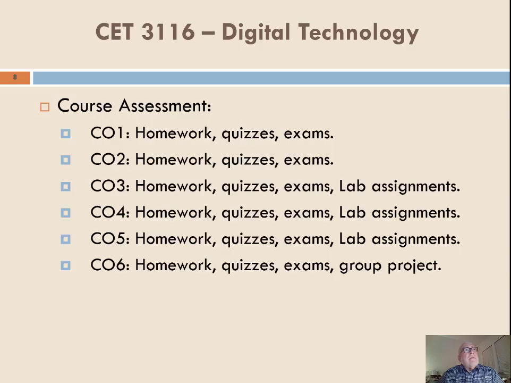Okay, so the assessment we are going to have is for those specific course outcomes that we want to be examining. So homework, quizzes, and then the more advanced, we're also going to be using lab assignments. For this class, there is a group project. That group project is very simple.